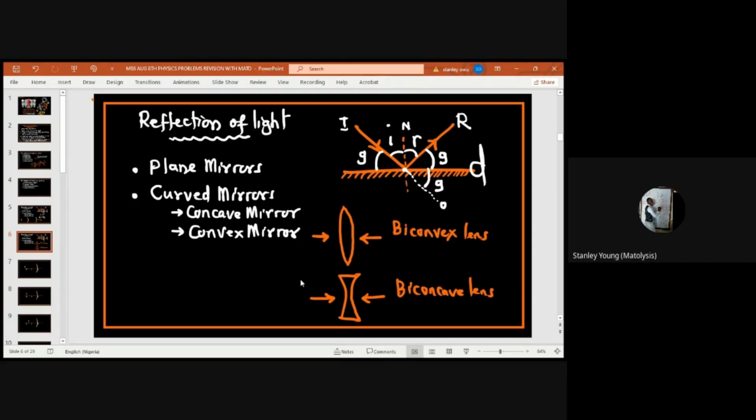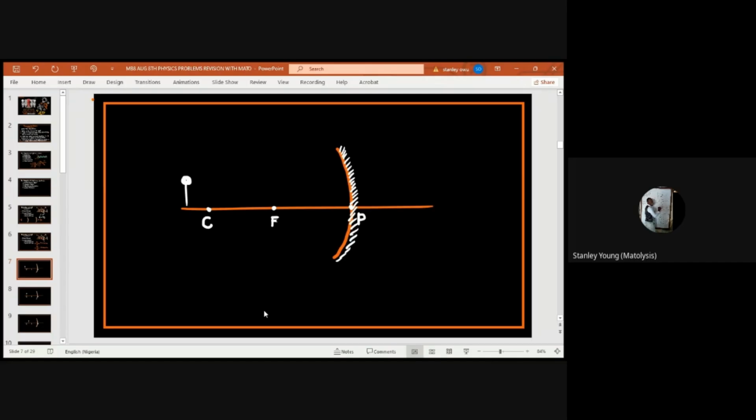I don't want to waste too much time on lenses because the focus is on mirrors. In an exam setting, what is mostly tested? They usually test the properties of images formed for an object that is placed at strategic positions from the lens or from the mirror.